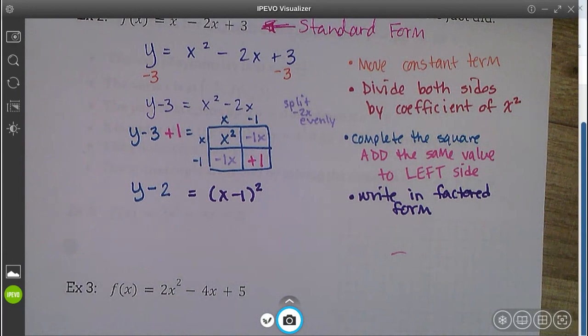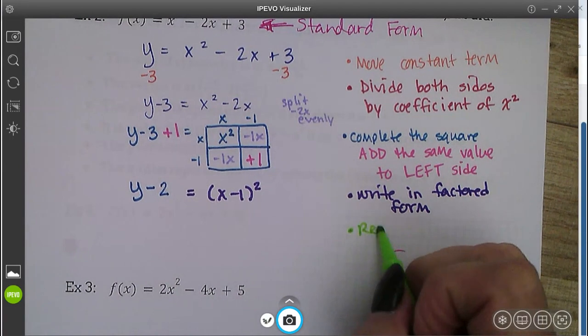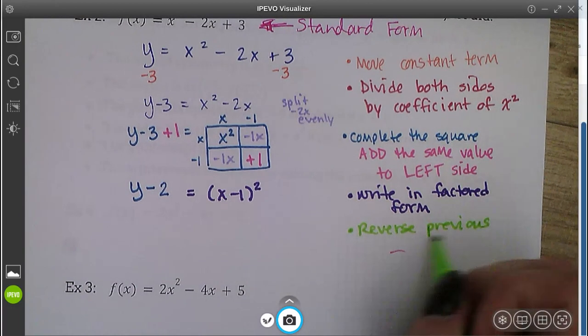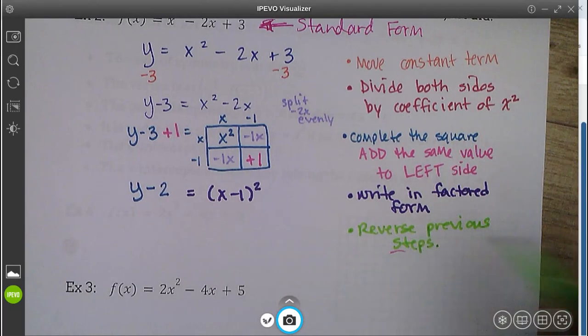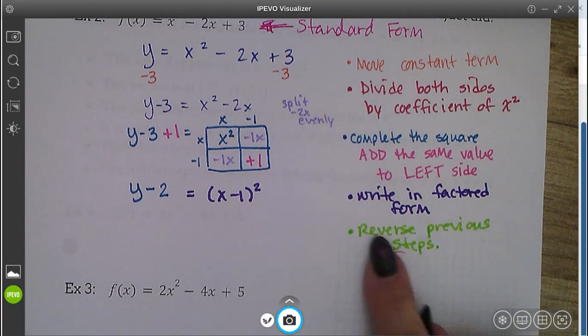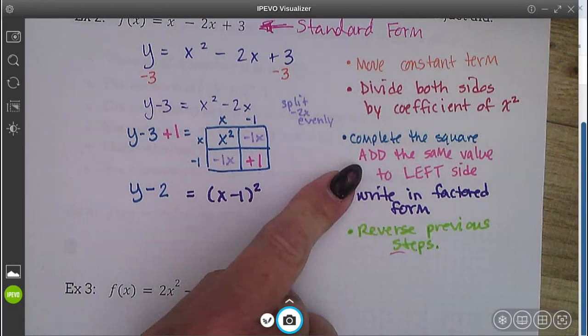And then we're going to reverse all of the previous steps, going in reverse order. Where I added a value to the left side, I'm now going to subtract it.